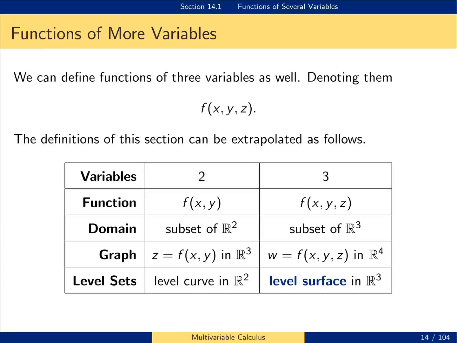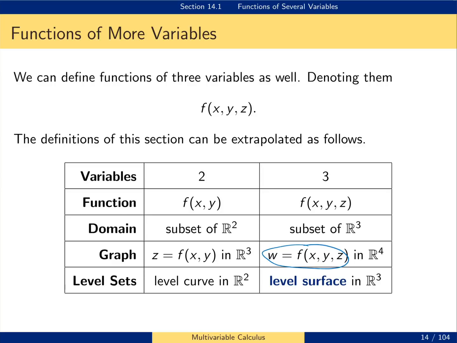We can define functions of 3 variables or more as well. We denote them f of x, y, z, and introduce other letters if we need them. Here's a summary of what changes when we add another variable. The graph of a 3-variable function would take the form w equals f of x, y, z.